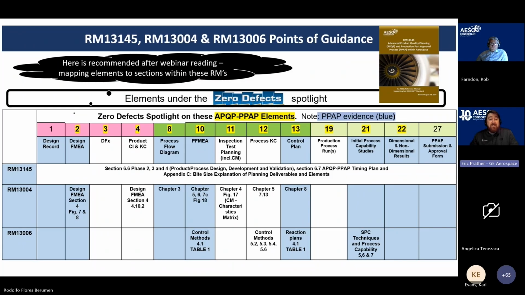After the webinar, you can find the RMs that talk about all of this. Great reference, like Carl mentioned earlier, but RM 13145, 13004, 13006 are really the focus today. These are really important guidance that we strongly recommend everyone to look at and use regularly.